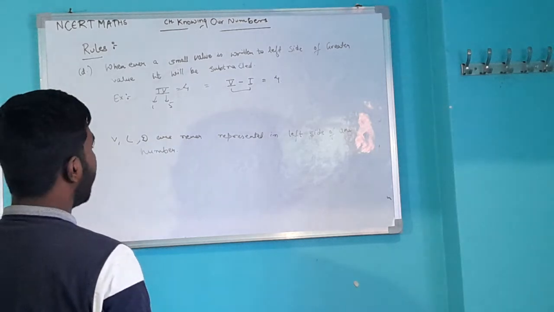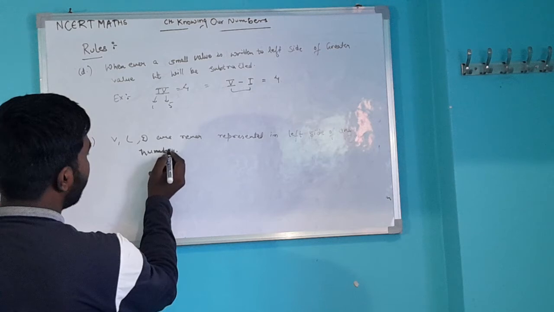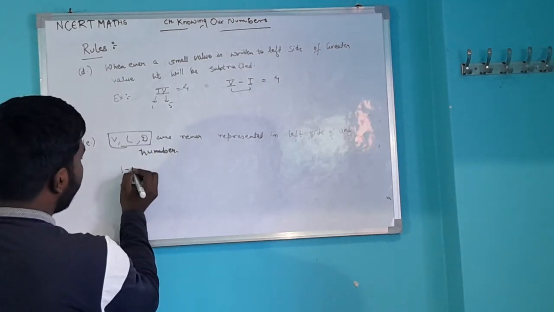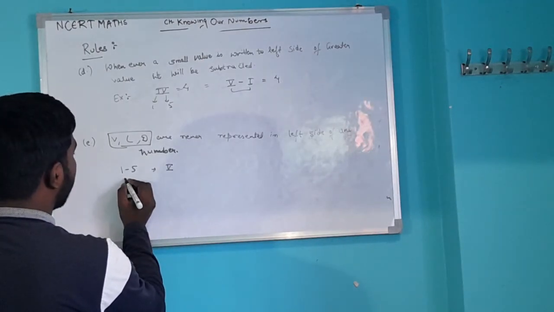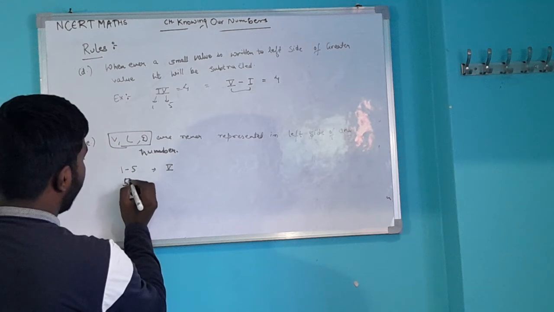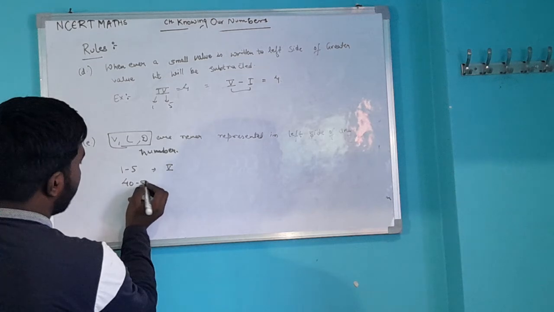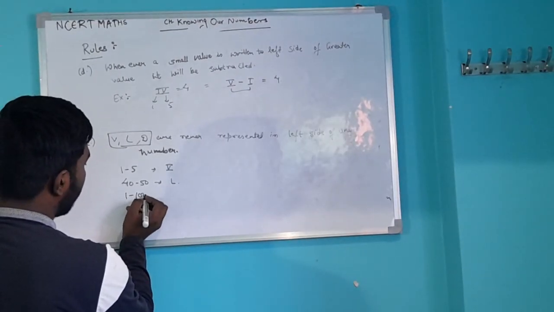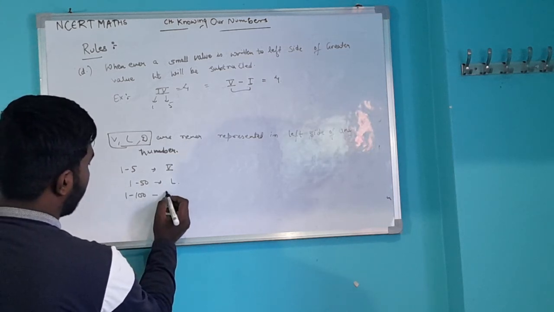They are never represented on the left side of any number because they are the greater value in their series. From 1 to 5, the 5 is the greater value, and from 10 to 50, the 50 is the greater value, and for 10 to 100, the 100 is the greater one.